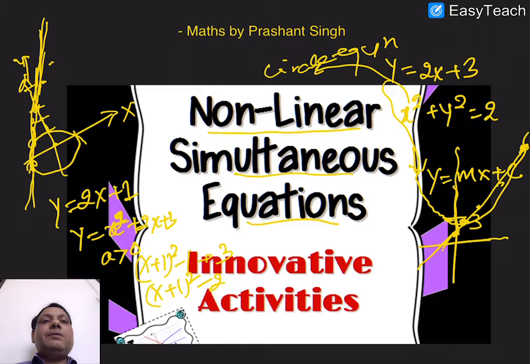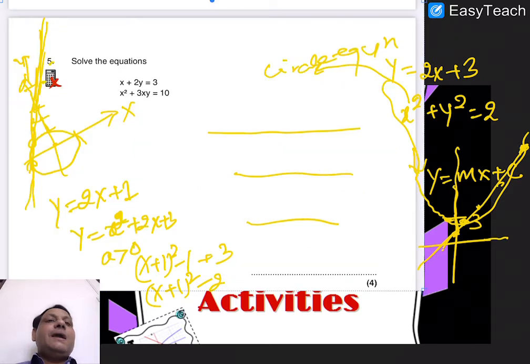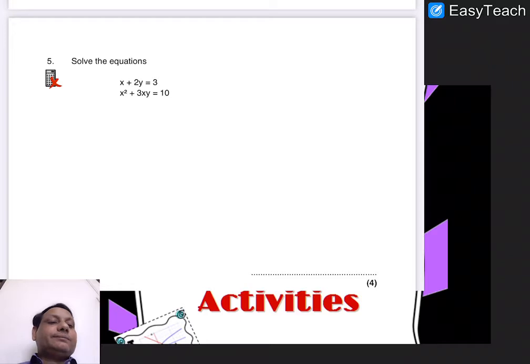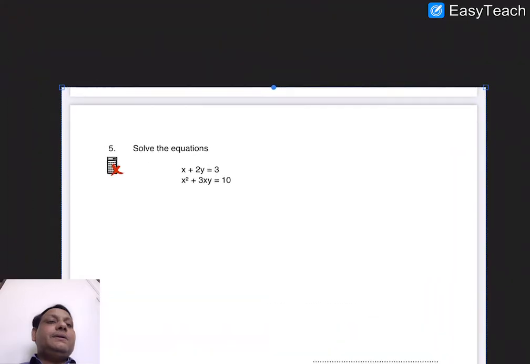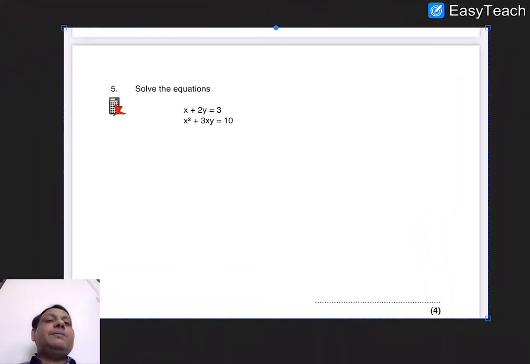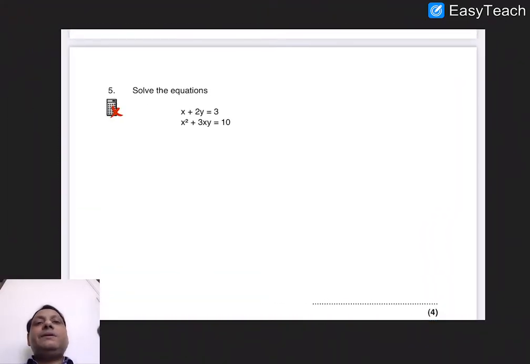The first question I'm going to choose is here. See here, this is the question I'm going to talk about, and this is the equation.